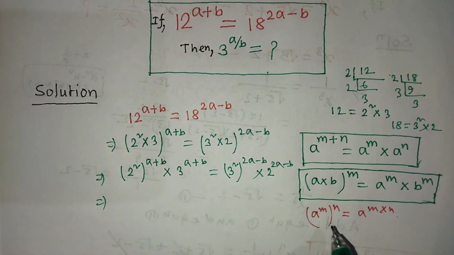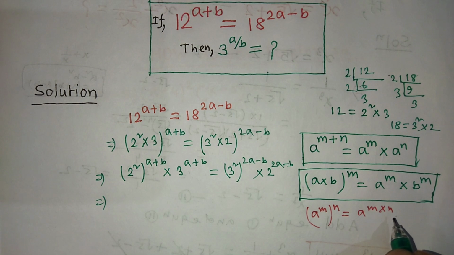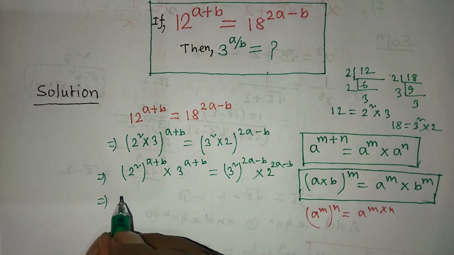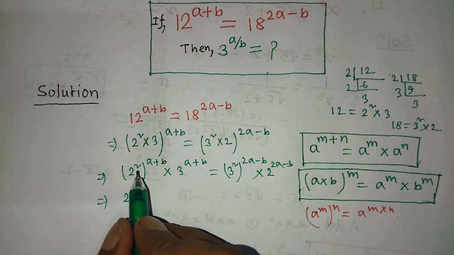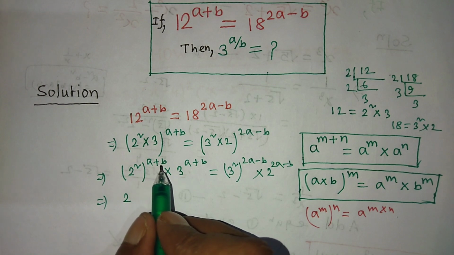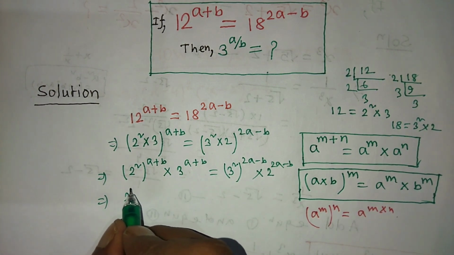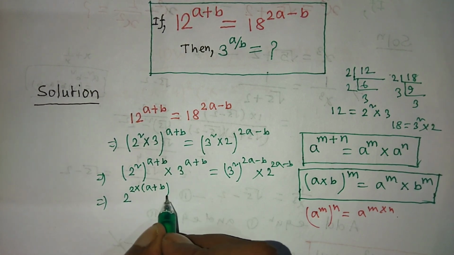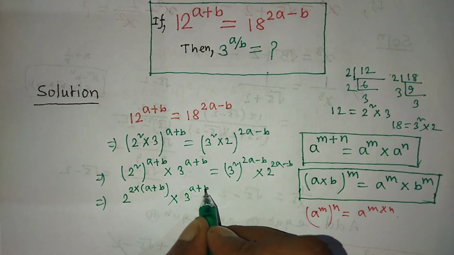So student, on the left hand side again we have to apply this formula, a to the power m whole to the power n is equal to a to the power m into n. This formula we have to apply on both sides. So we have to write 2 square whole to the power a plus b; here we apply this formula, so we write 2 into a plus b, into, again 3 to the power a plus b on the left hand side.